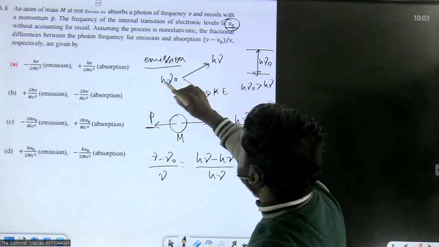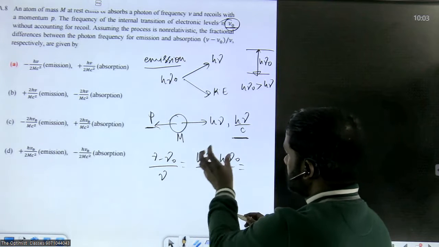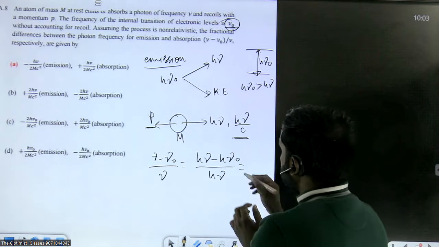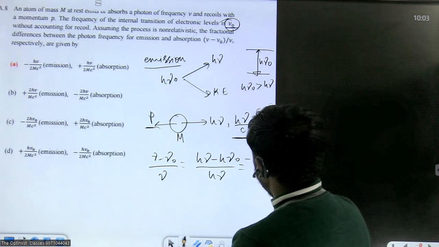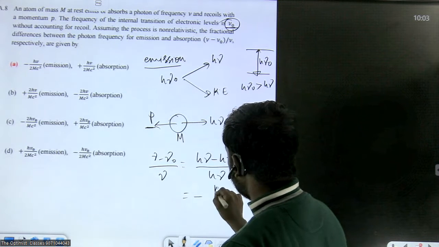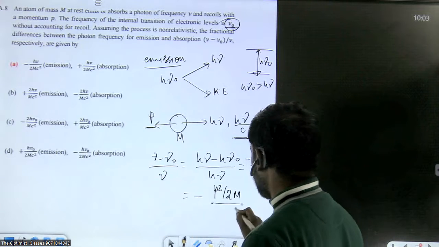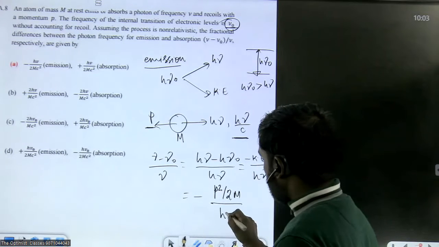So the difference of these two energies will be equal to the kinetic energy. It is clear that this is negative because h nu naught is higher. So this difference will be the kinetic energy, divided by h nu, with a minus sign. Since it is non-relativistic, we write the kinetic energy as p square by 2m, upon h nu.